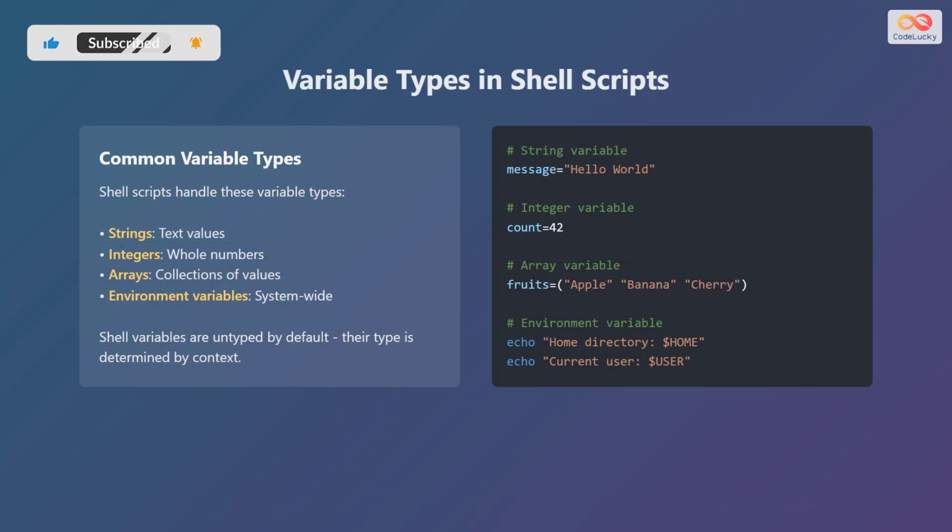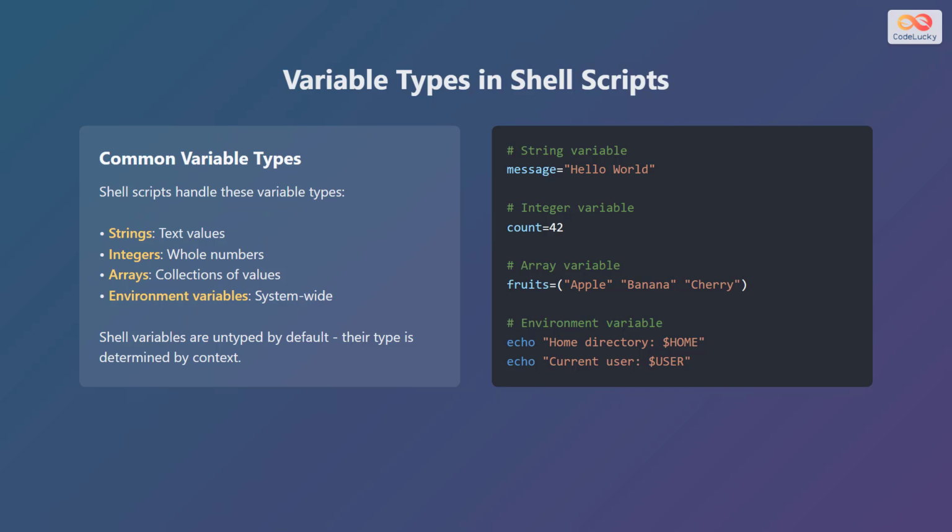Shell scripts handle several common variable types, including strings, which are text values, integers, which are whole numbers, arrays, which are collections of values, and environment variables, which are system-wide. By default, shell variables are untyped, meaning their type is determined by the context in which they are used. Here are some examples. We define a string variable named message and assign the string value hello world to it.